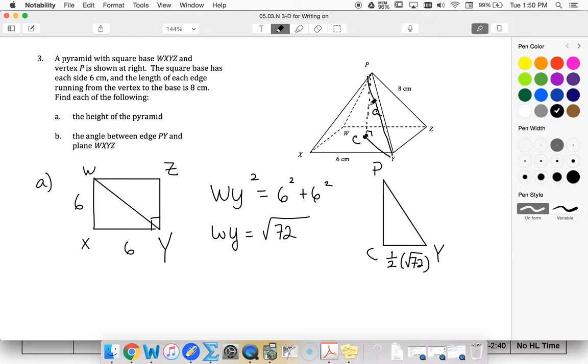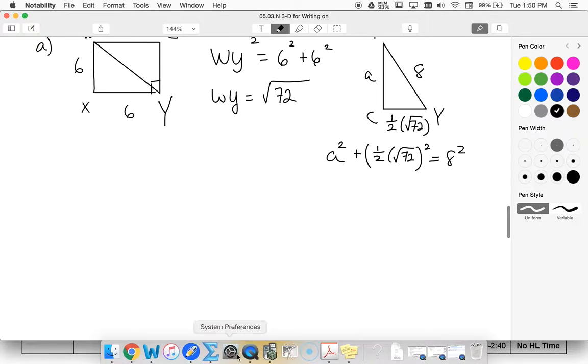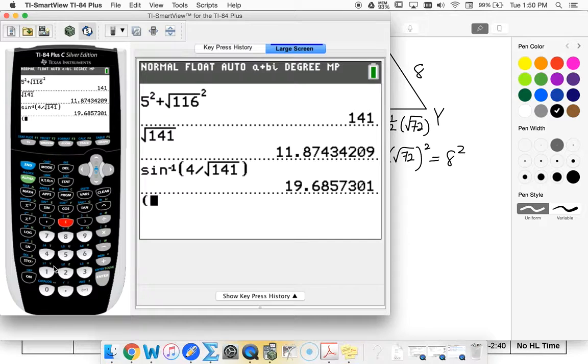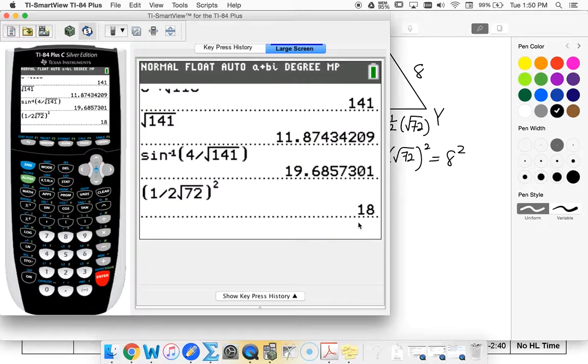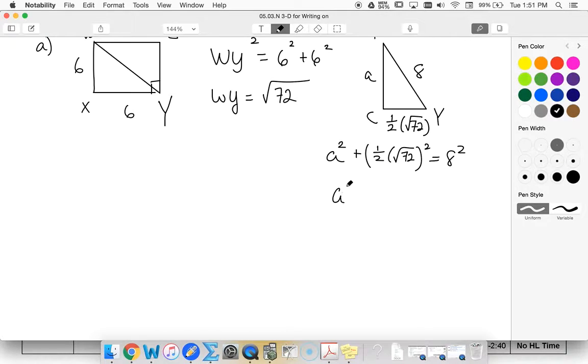PY, well, that's one of my slants. So that's 8. And what I don't know is my height, which I had called A. So A squared plus half of root 72, and I'm squaring that whole thing, equals 8 squared. So I've got my calculator. I'm going to do the whole thing, half root 72 squared, and I get 18. 8 squared is 64, so A squared plus 18 is 64.